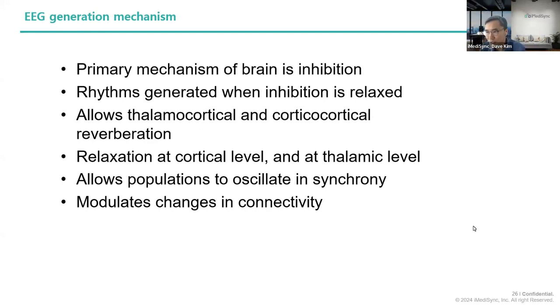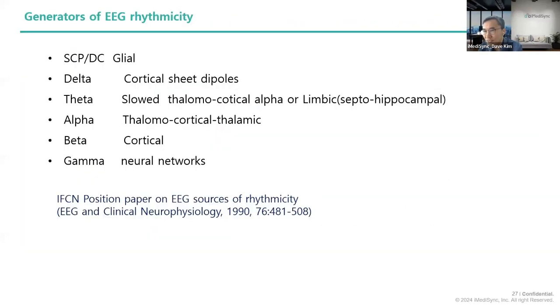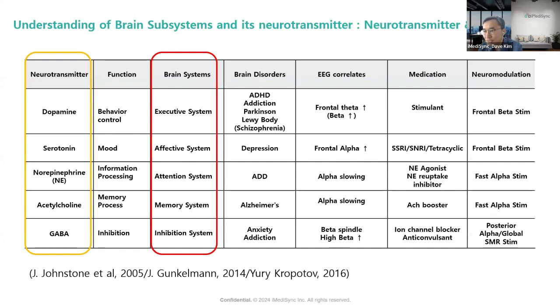So that's why thalamic pacemaking is very important. And this kind of EEG mechanism makes a different rhythm in different locations and makes a connection between two different areas. And this is the general EEG generation mechanism.